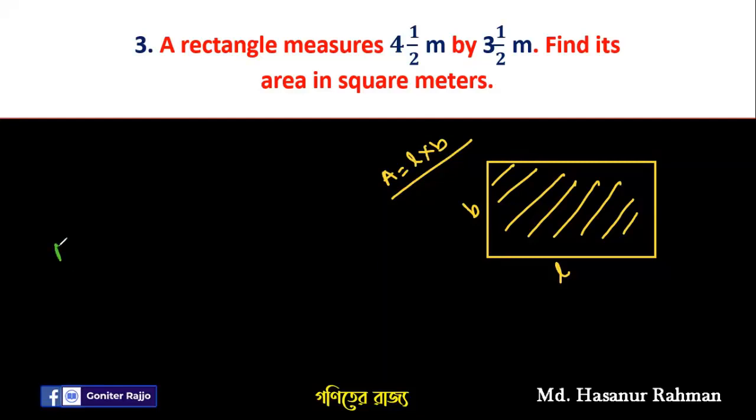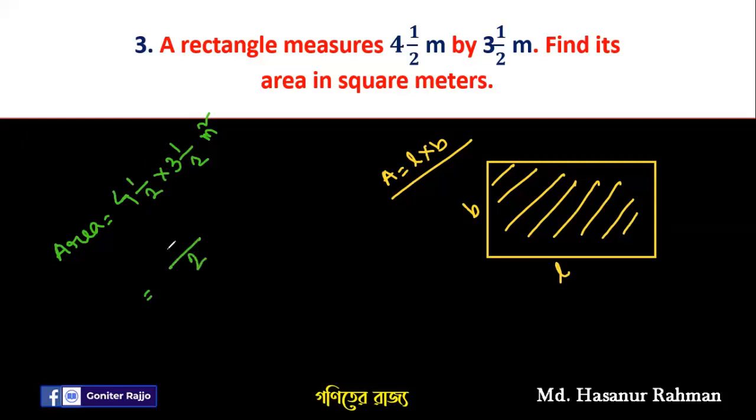So here area will be, you know that one is length, another one is breadth. So area will be 4 whole 1 by 2 multiplied by 3 whole 1 by 2. And the unit will be meter square. So we have to convert this mixed into improper.